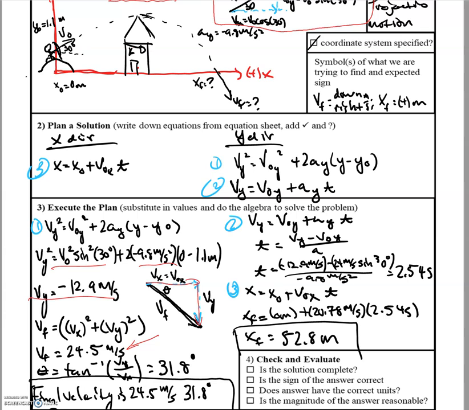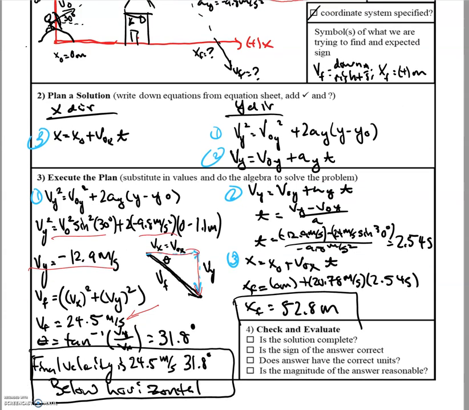This is the angle 31.8 below the horizontal. This is key. You need to specify what this angle is being measured from. So it is sweeping through from the horizontal. So it's going this way. So that means it's 31.8 degrees below the horizontal. Again, this is key. You need to specify that.